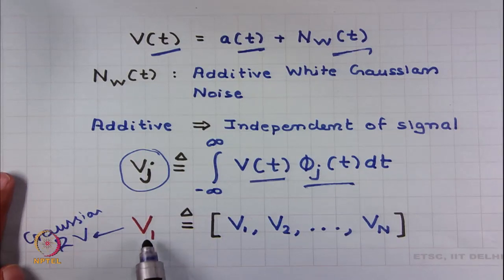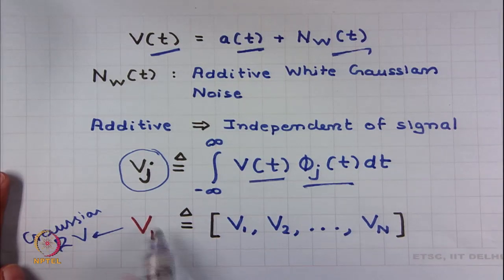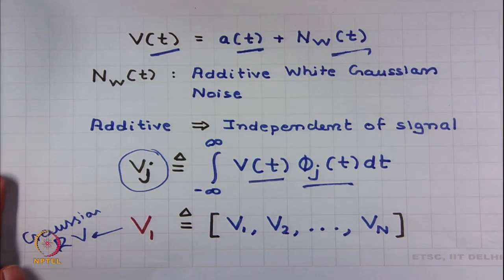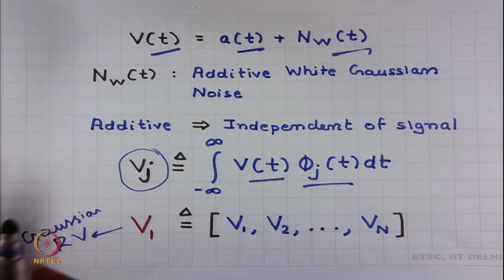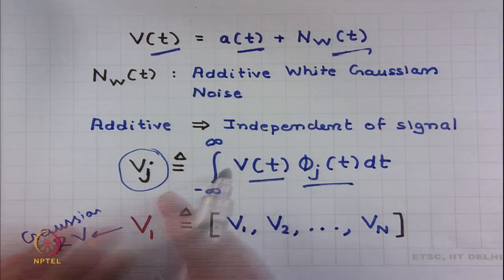Vectors in this lecture I am denoting using red color, because I have variables and vectors at the same time, so I thought it is a good idea to use a different color for vectors. So I am using red color for vectors. Okay.